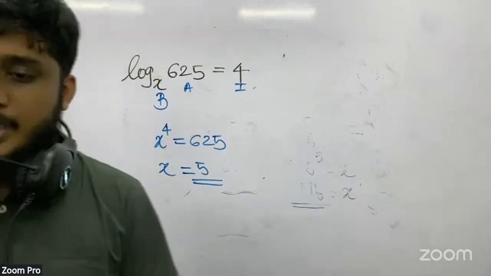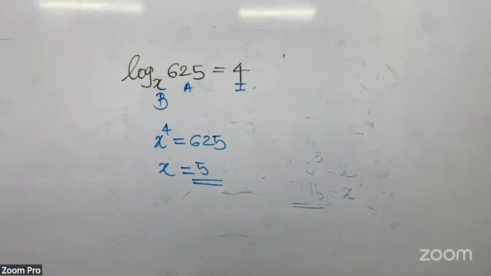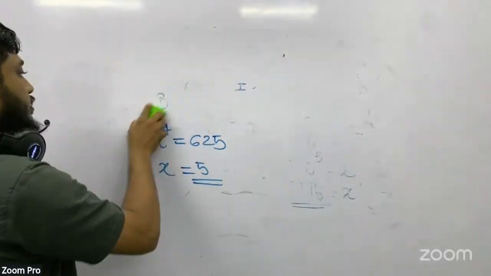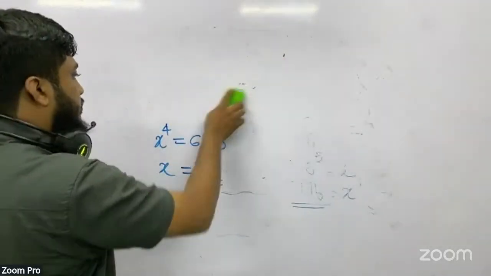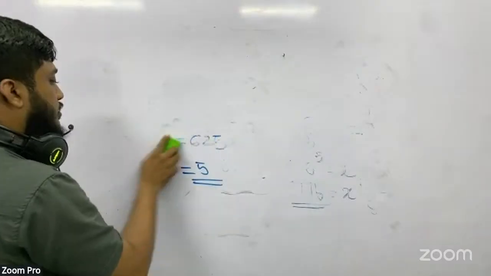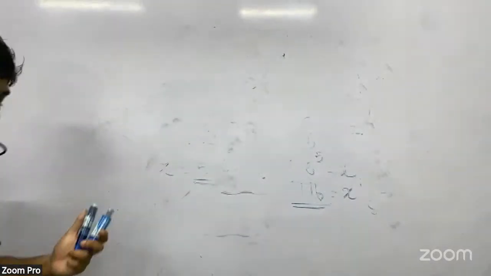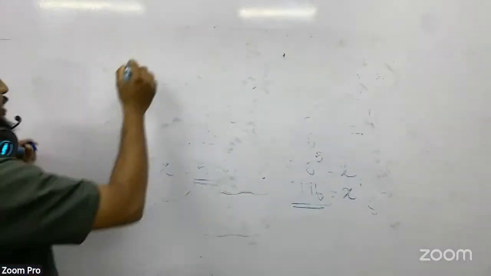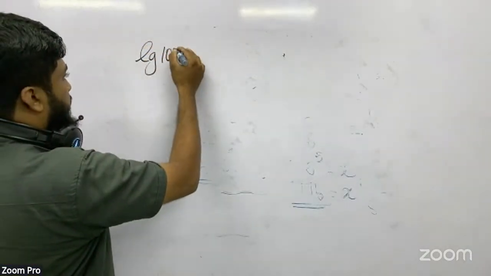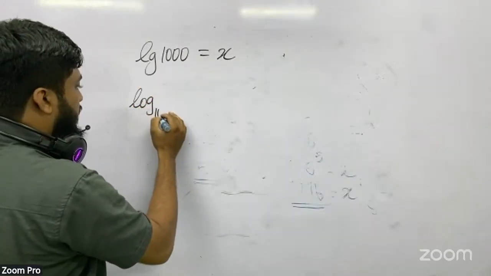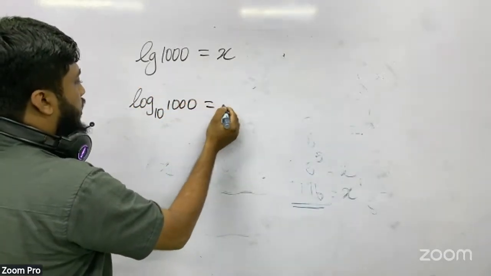But what is the next one? LG 1000. But what is LG 1000? LG 1000 is equal to x. I can break this as LOG 10 of 1000 is equal to x.